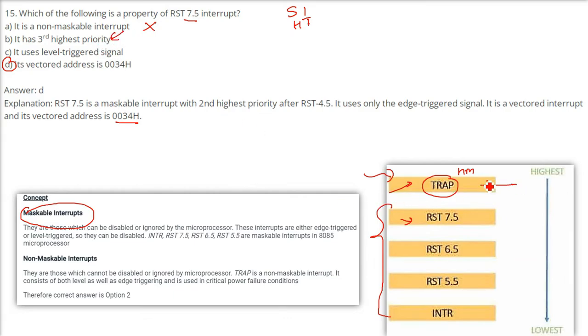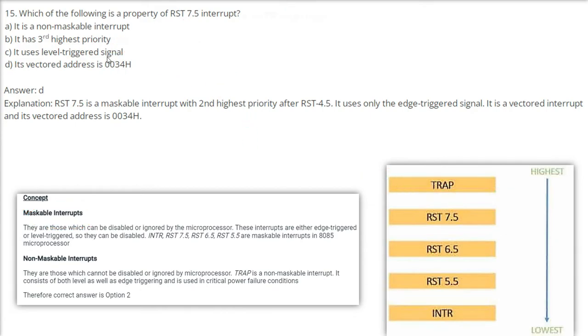If you see, trap is the highest priority. Then we have RST 7.5. It has the second priority, not the third priority. And its vector address is 0034. That is absolutely true. It uses a level triggered signal? Actually, it uses only the edge triggered signal. Only edge triggered signal. The trap uses both of them.